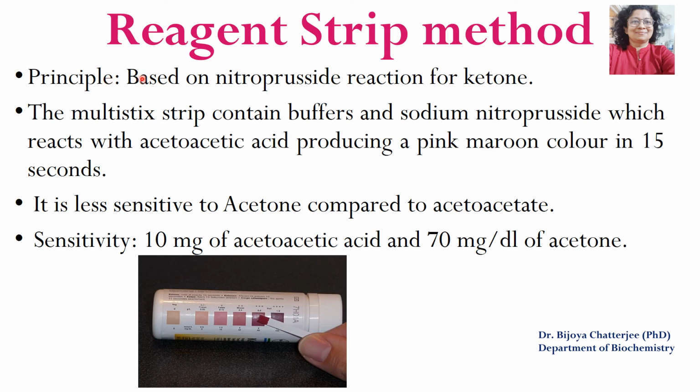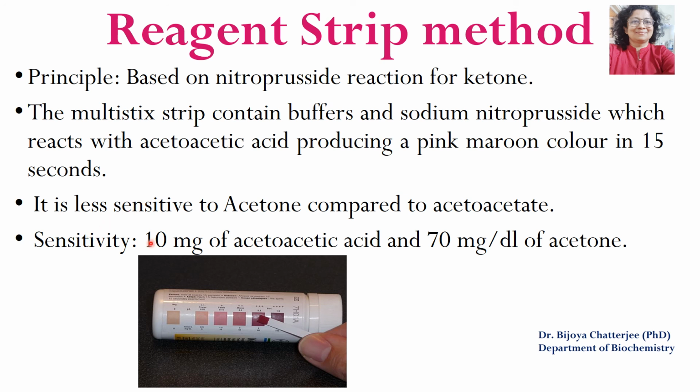The next test that we commonly do is the reagent strip method. The principle is based on the nitroprusside reaction for ketone. The multi-stick strip contains buffers and sodium nitroprusside impregnated in the pad, which reacts with acetoacetic acid and produces a pinkish maroon color in 15 seconds.